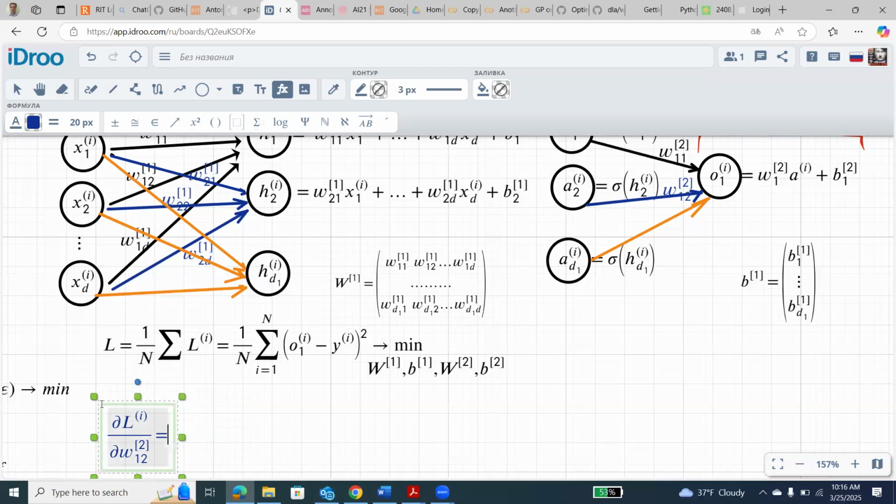Actually, I will write it in more detail. So partial Li with respect to O, because O depends on the weights, times the derivative of O with respect to our weight. It's just the chain rule.